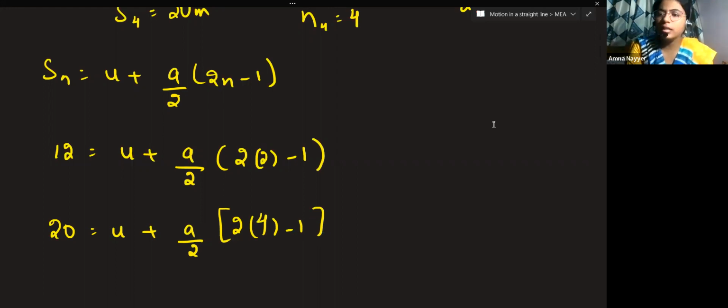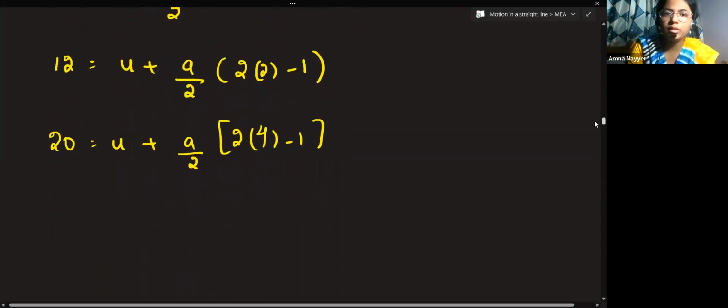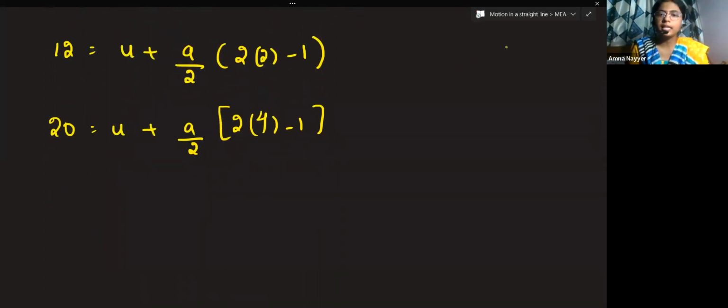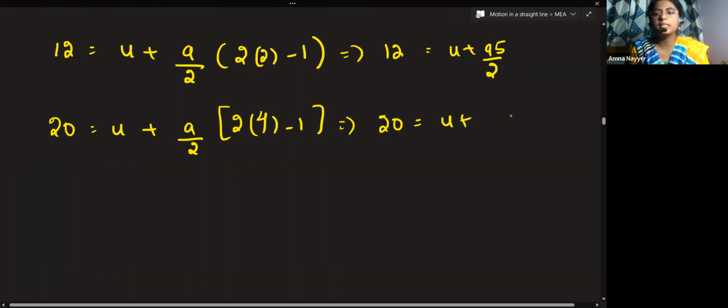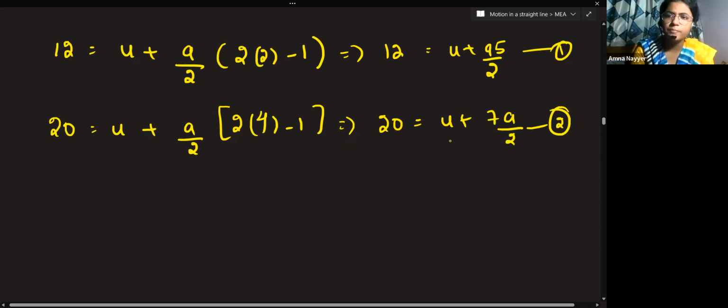Two equations are there, two variables are there. You just have to solve these two equations. In the first, you can directly write 12 is equal to u plus a by 2 into 4 minus 1, so that becomes 5a by 2. And 20 is equal to u plus a by 2 into 8 minus 1, which is 7. So equation 1 is there, equation 2 is there. You just have to solve these equations.